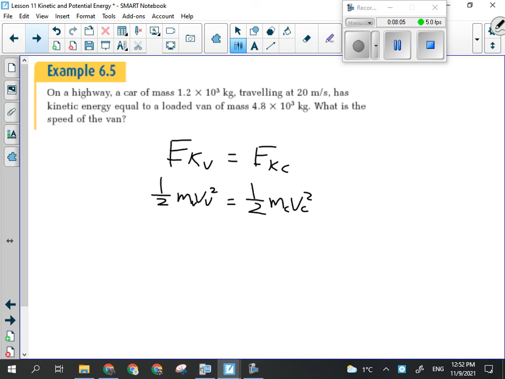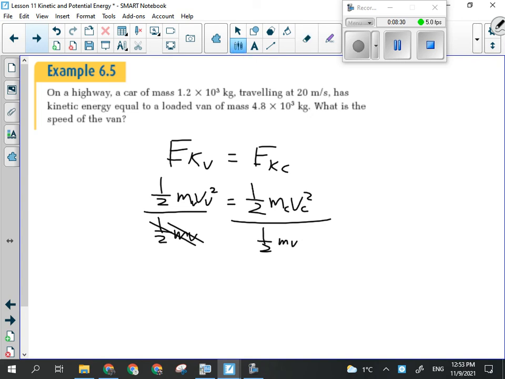So I just put in V for van and C for car. I want to figure out the speed of the van. So what do I have to move? I've got to take the 1/2 mass of the van over to here. Mass of the van. I put too many V's there.